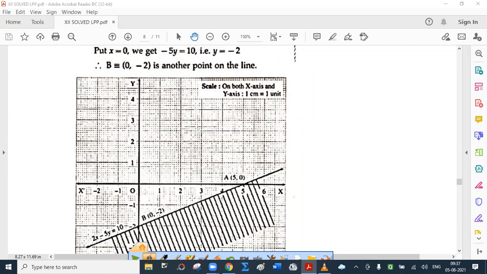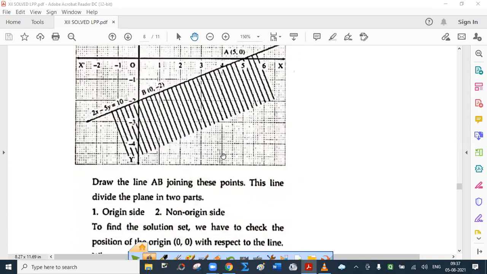Because it is not 2x − 5y > 10, it is 2x − 5y ≥ 10. You have to draw an arrow here also, because these infinitely many points in this infinite region are also part of the solution. So this is the graph for 2x − 5y ≥ 10.